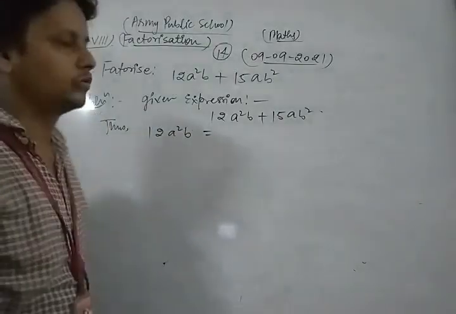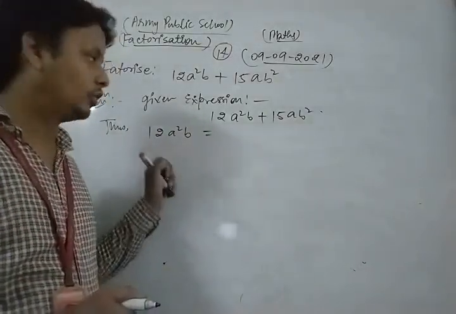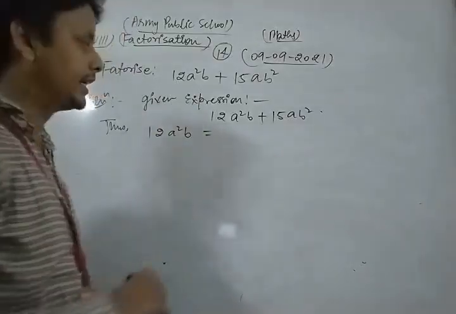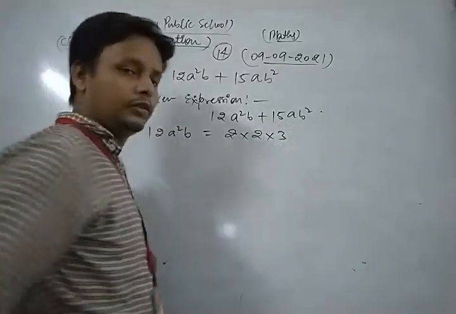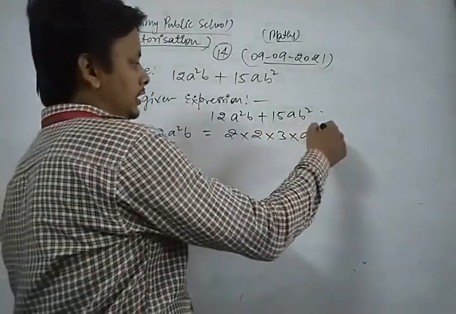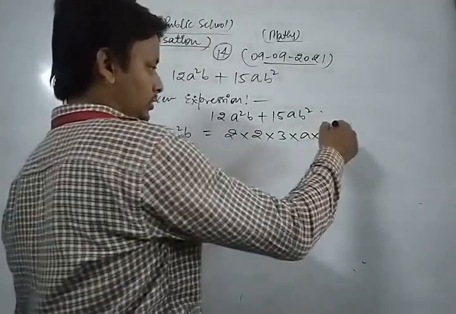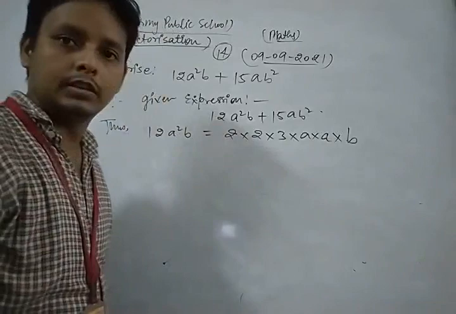Now what do I do? First we do their prime factorizations. So we can write 12 as 2 into 2 into 3. We can write in this way. A square we write a into a into b as it is. Okay.